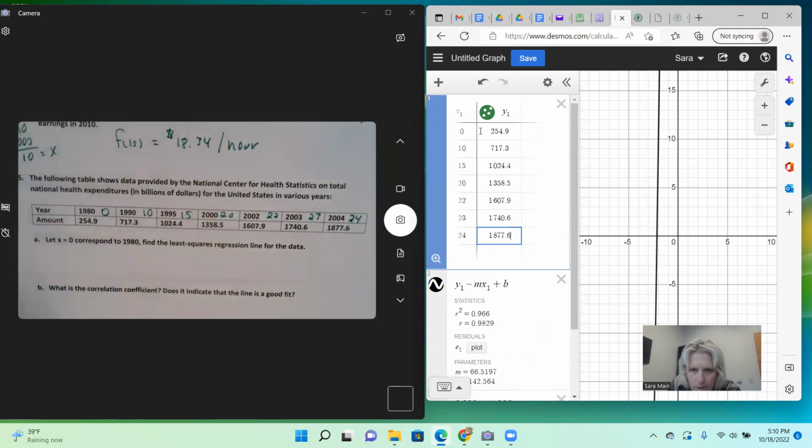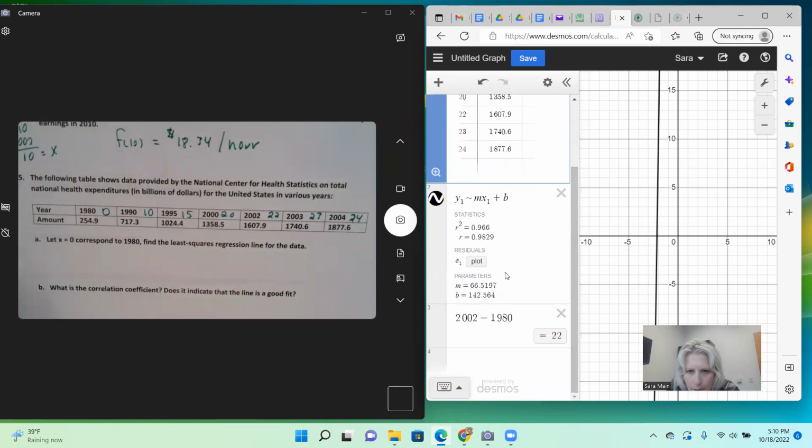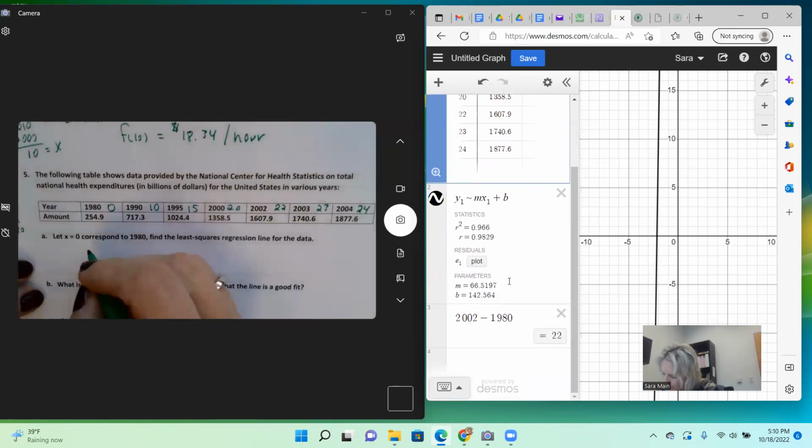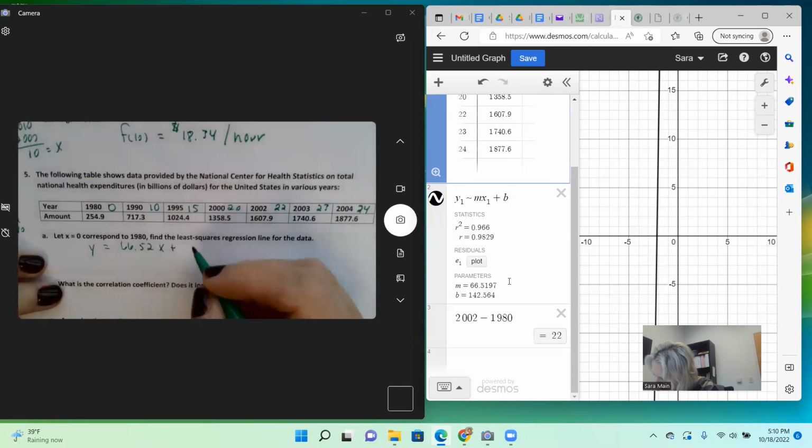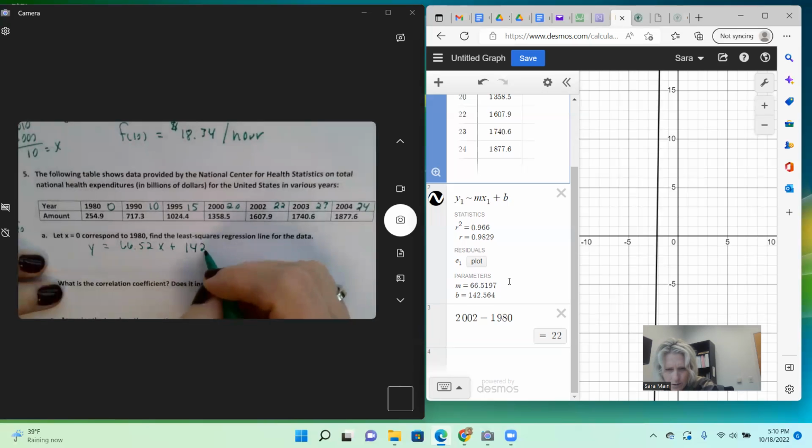Okay. And because I already put it in, I just replaced it in X1 and Y1. My linear model was already there. So my linear model is Y equals 66.52 is my slope, and my y-intercept is 142.56.